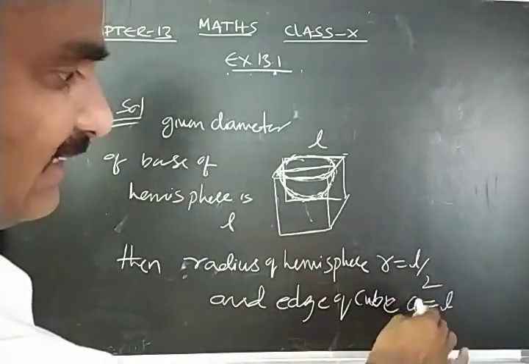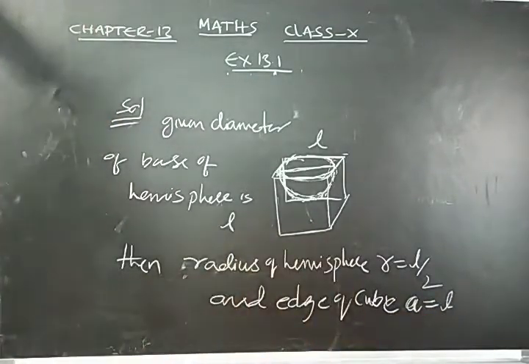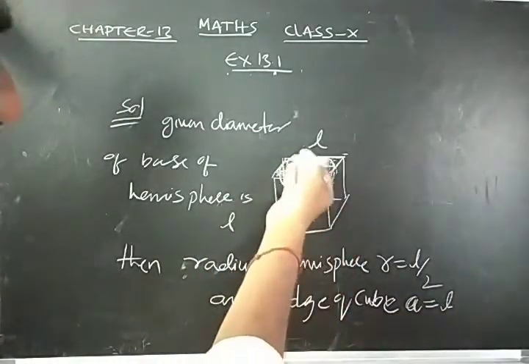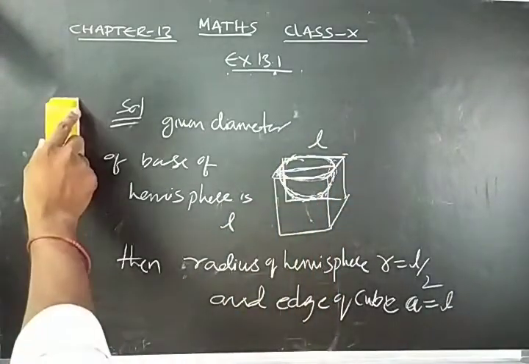So the side length a is equal to L. Now, after removing the hemisphere from this cube, we are going to find the total surface area of the remaining solid.